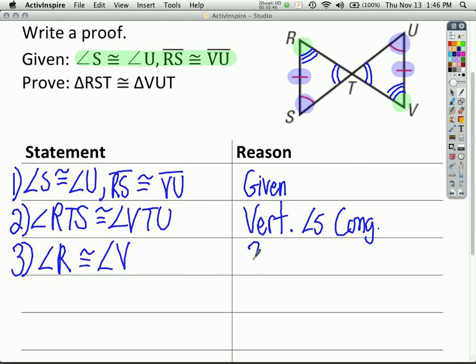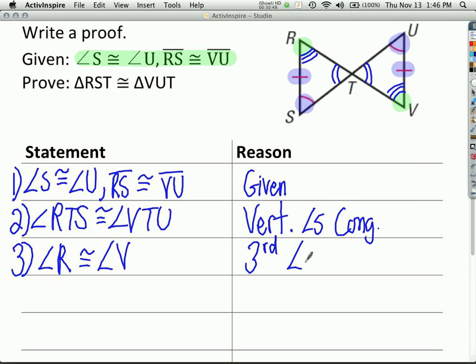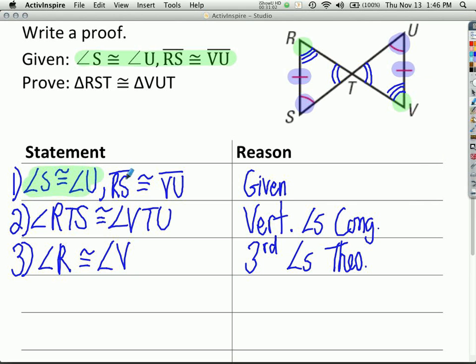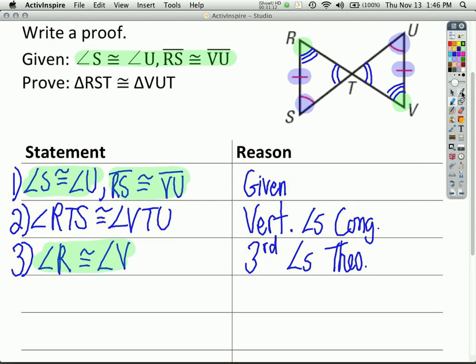Because of the third angles theorem. Now, double check and make sure we've got our 3 pieces of evidence that we need. This is angle, side, angle. So now our last statement can be that they are congruent triangles because of angle, side, angle.